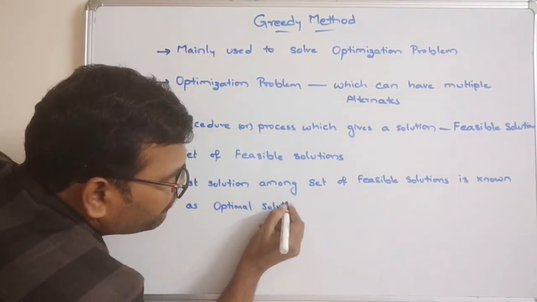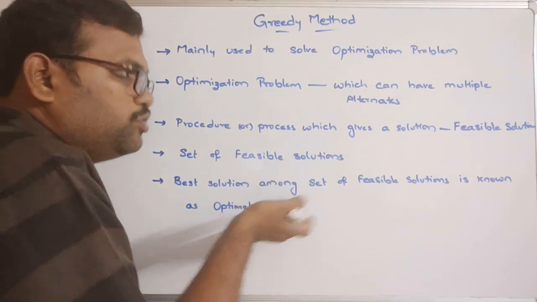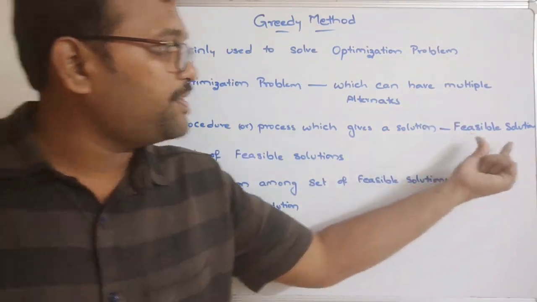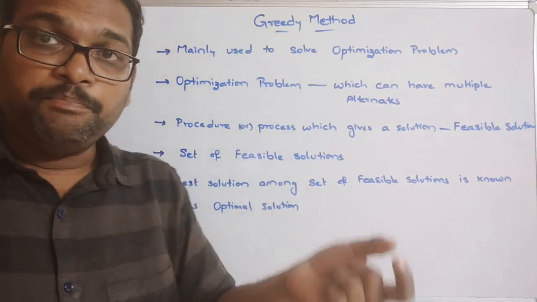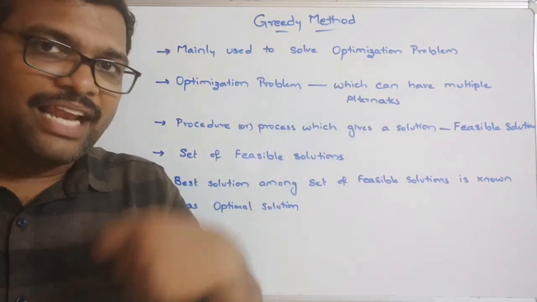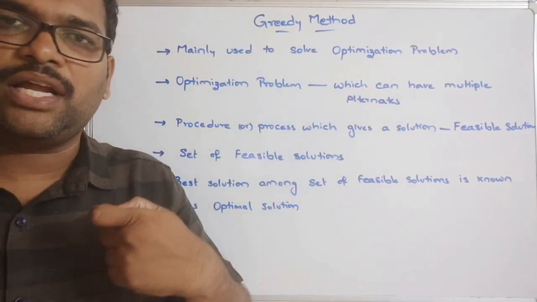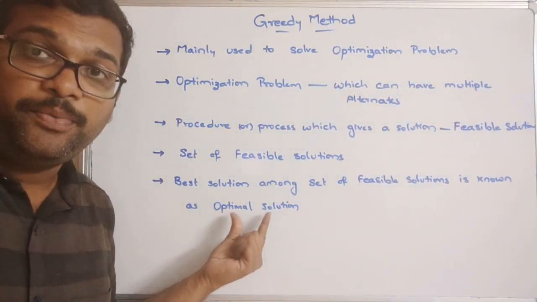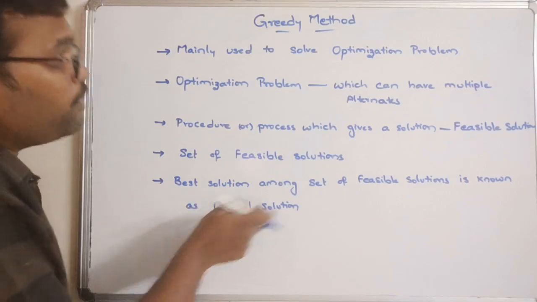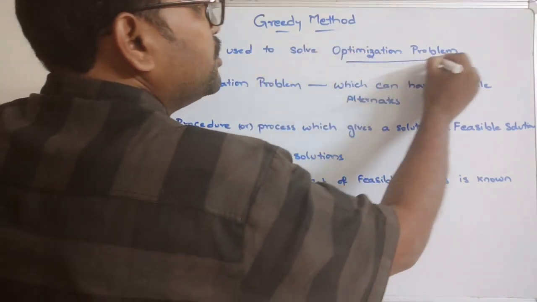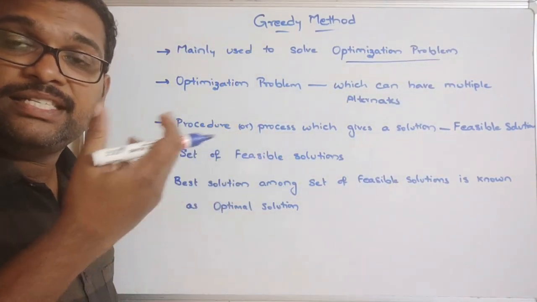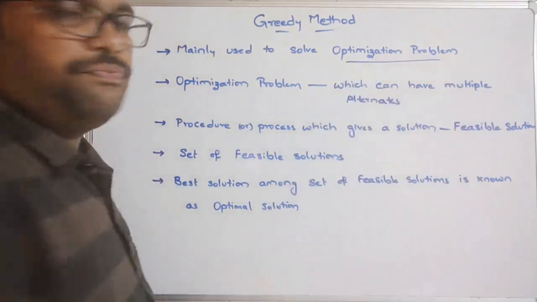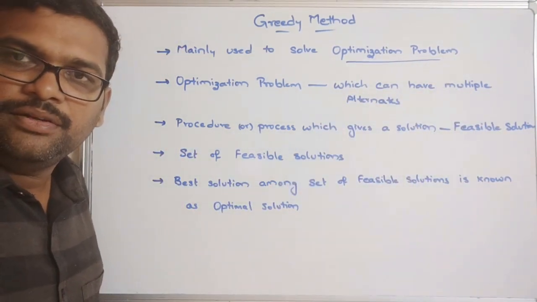Don't get confused between these two, optimal solution and feasible solution. Any solution can be considered a feasible solution, and based upon the constraint, selecting one best solution among these feasible solutions is called an optimal solution. That's why we call it an optimization problem. So we need to select the best solution from these feasible solutions, right?